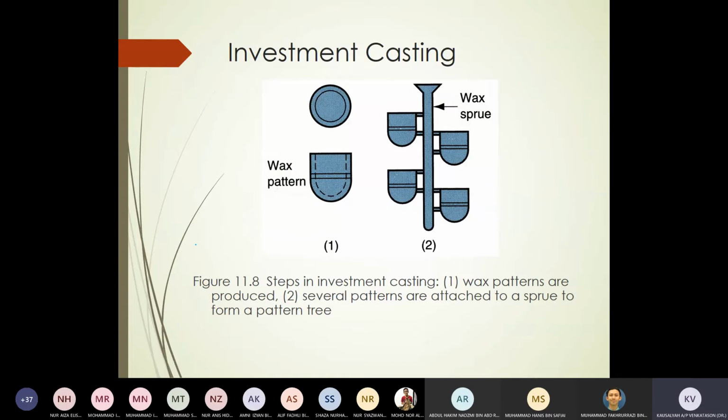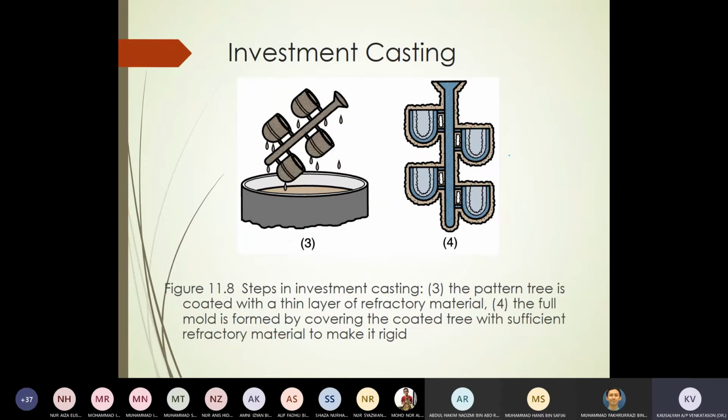So you have your wax pattern over here, and several patterns are attached to a sprue to form a pattern tree. So you can actually have multiple formations over here. Then this entire pattern tree is coated with a thin layer of refractory material, dipped into a refractory material.